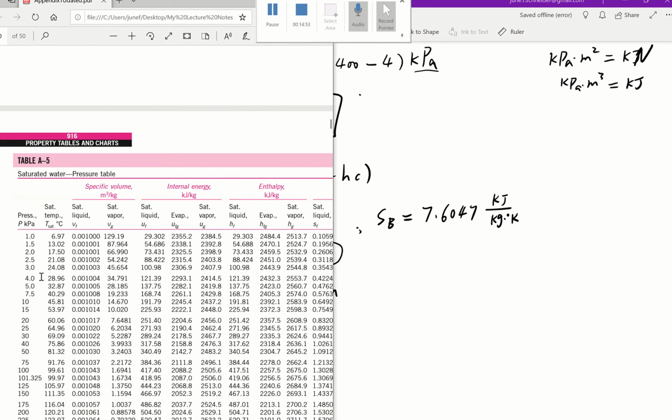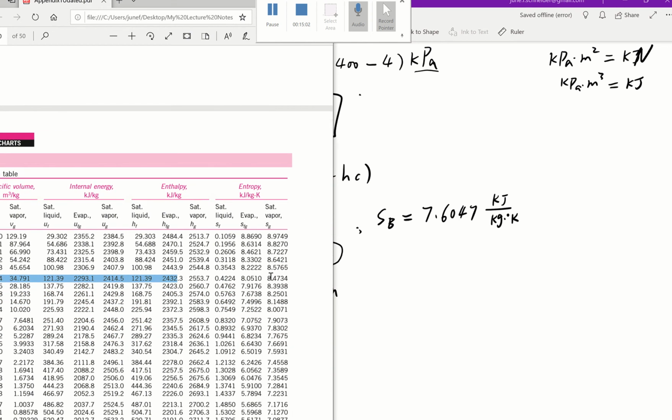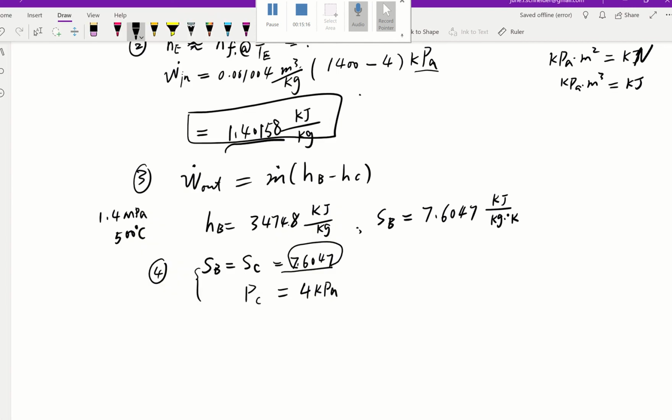At 4 kilopascal, if we look across, we can look at our SF and SG. Our SF is this value, 0.4224, and SG is 8.4734. We're going to write down those values.